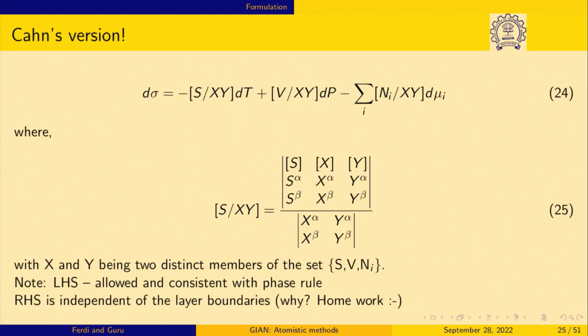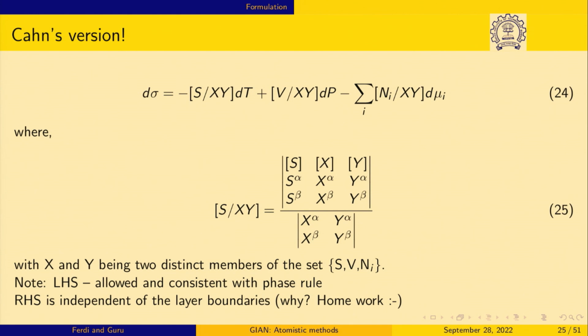So, you get in Kahn's version, if you want to get the change in free energy, then you can keep any 2 of them constant. I mean x and y are from S, V, N, I. You can keep any 2 of them constant, then the change in the sigma because of the other variation will come out in this matrix form.